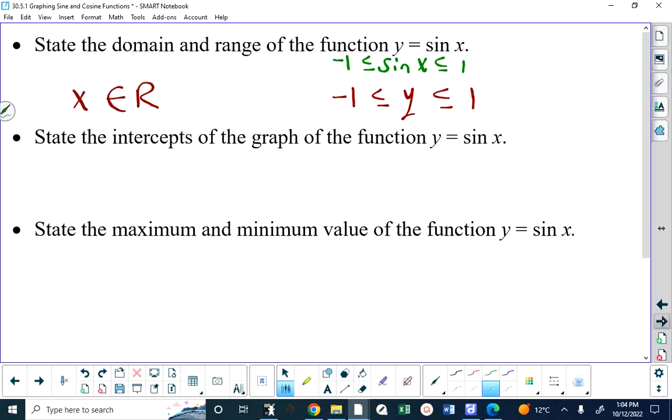State the x-intercepts. Well, the x-intercepts are where y is 0, so where sine of x is 0. Sine of x is 0 here and here on the unit circle.